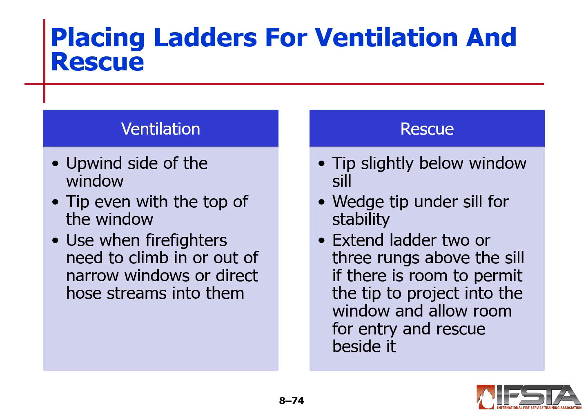Wedge that tip under the sill if possible for stability. Extend the ladder 2 or 3 rungs above the sill if there is room to permit the tip to project into the window, and then allow room for entry and rescue beside it. So with a wider window, you may be able to project that tip into the window.